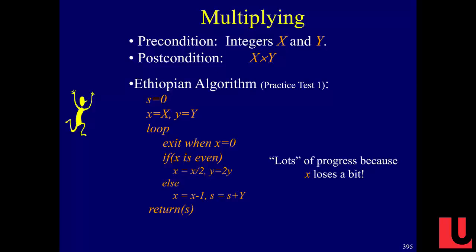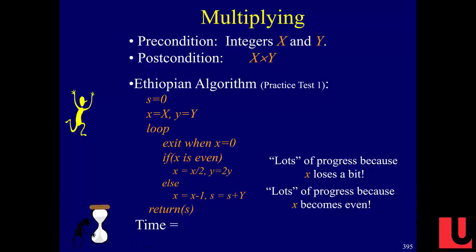You have beans, and you keep dividing the x and multiplying the y. You have a pile of x and a pile of y. If x is odd, then you add the current value of y to your other pile. People kind of following this?